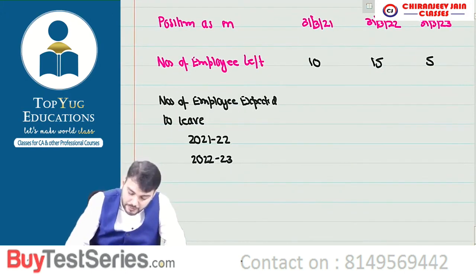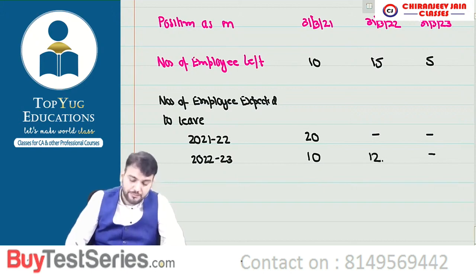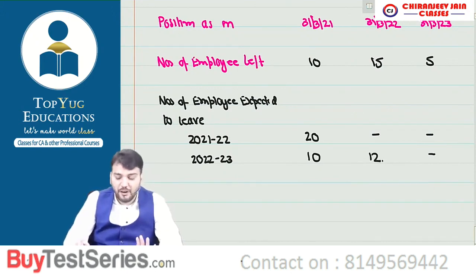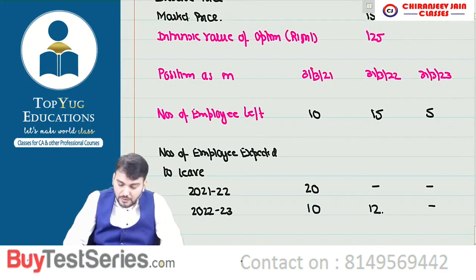Correct? तो यहाँ लिखो it is 20 and 10. Write down यहाँ पर 12. Just write down. अभी I am not explaining anything. I am framing one question. Correct.